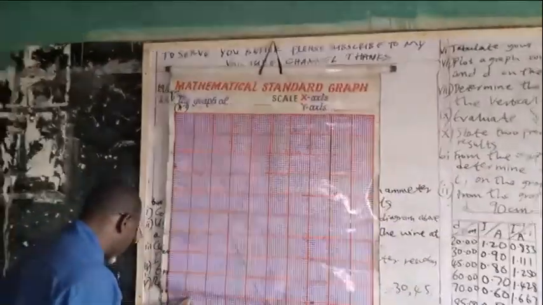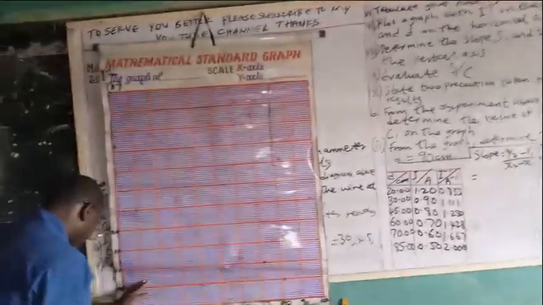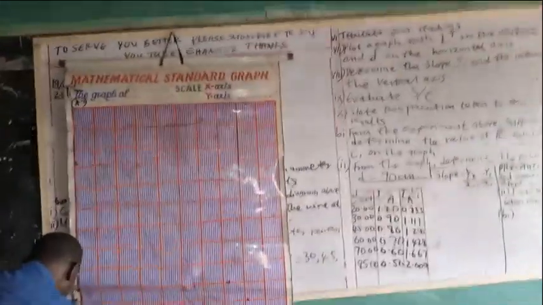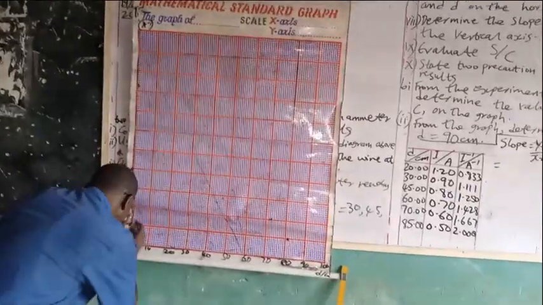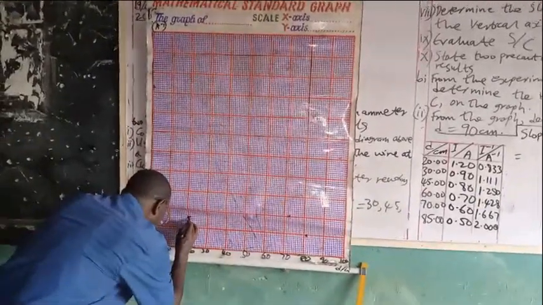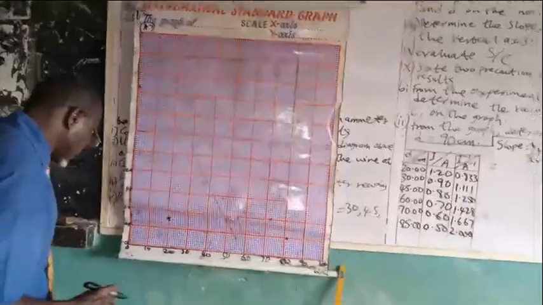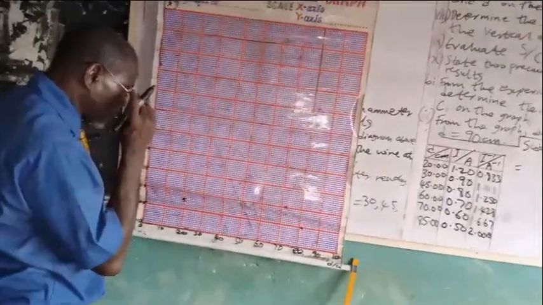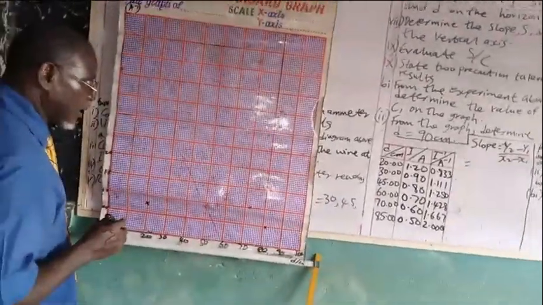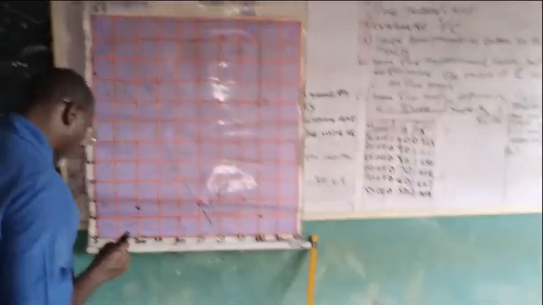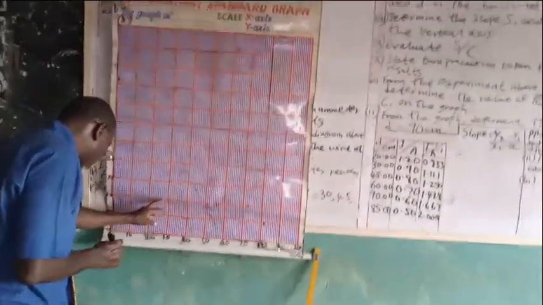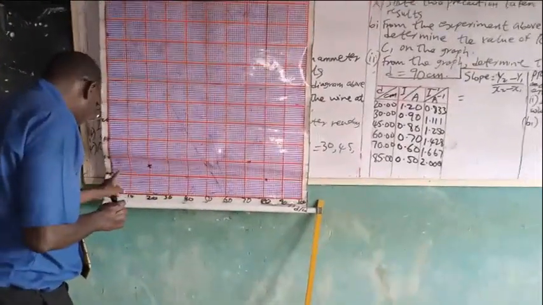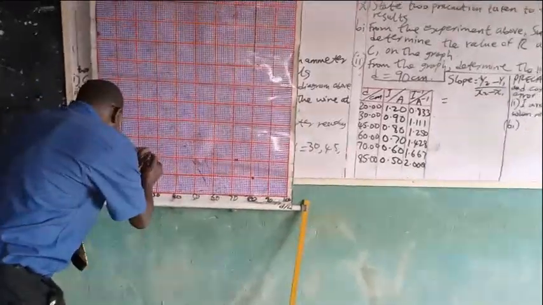When D is equal to 30, I inverse is 1.1. 1.1 will be here.